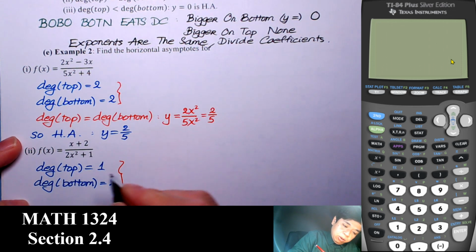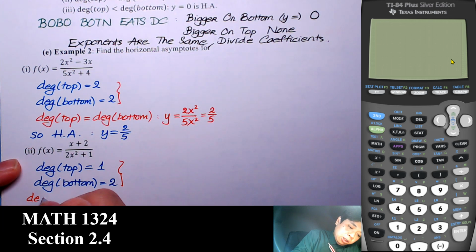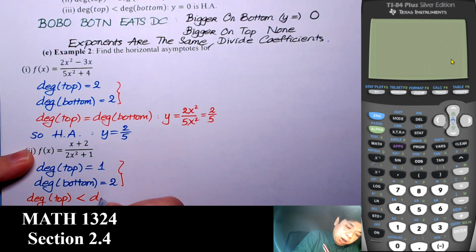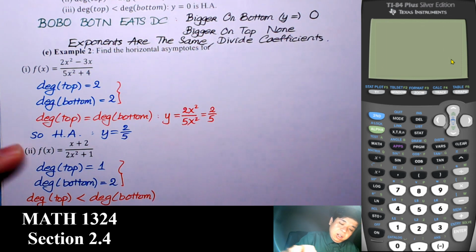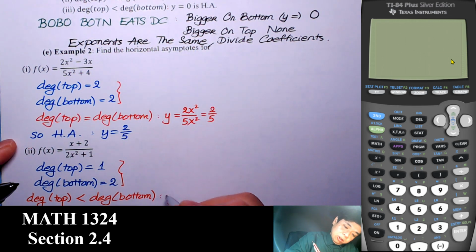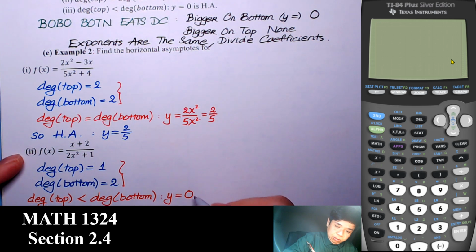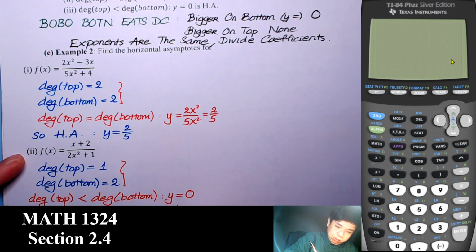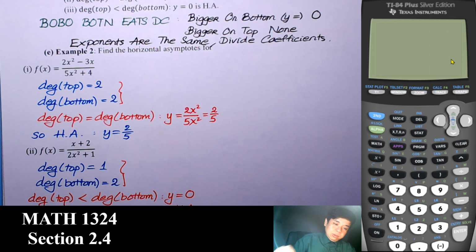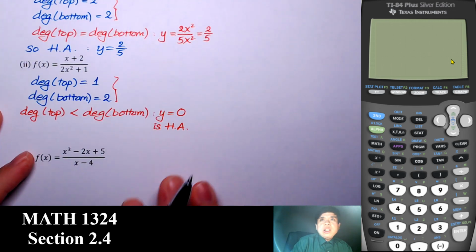So now the degree on top is less than the degree at the bottom, so we should say the degree at the bottom is bigger. If the degree at the bottom is bigger, we have y equals 0. Very straightforward.